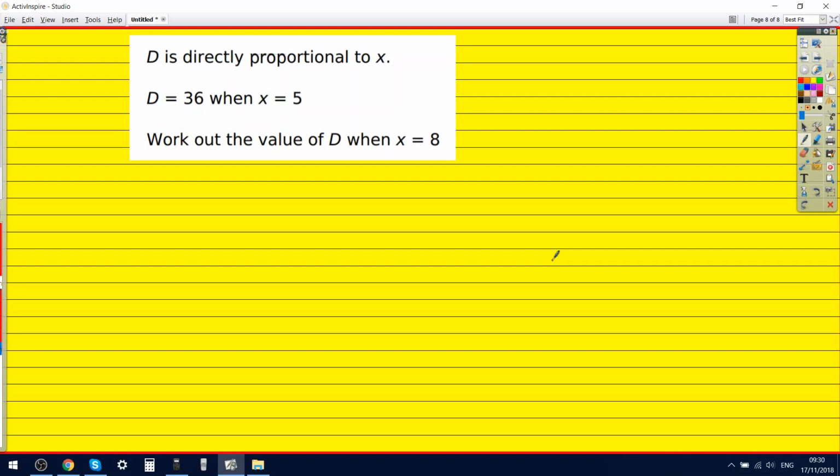So if I do d equals k times something, say 36 equals k times 5, so 5k. Then do I need to do 36 divided by 5 to get k? Yeah.